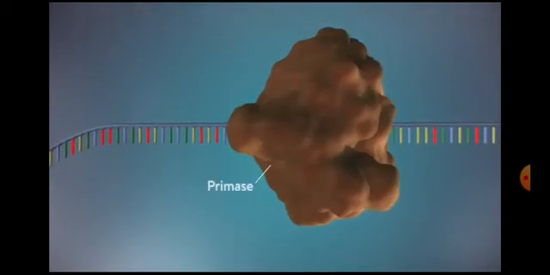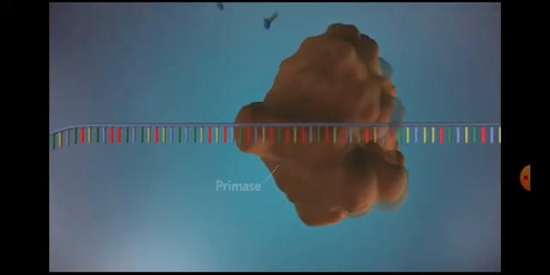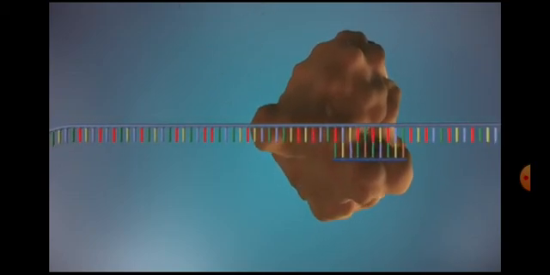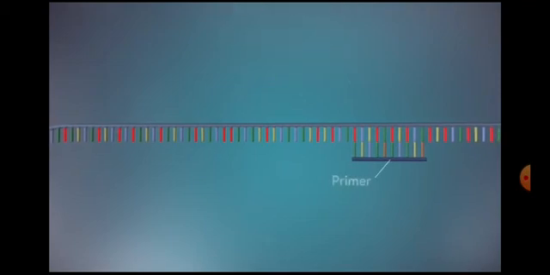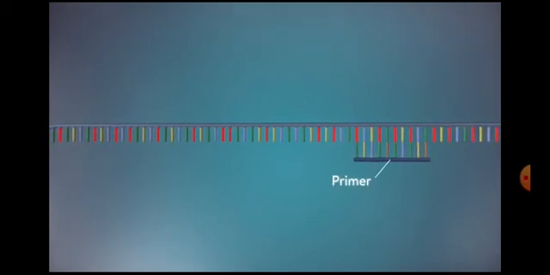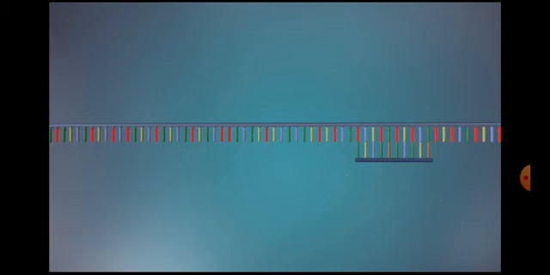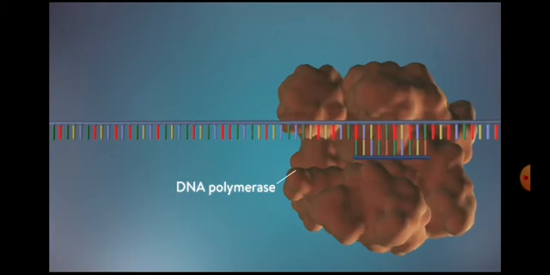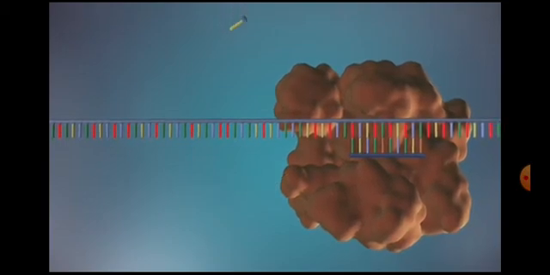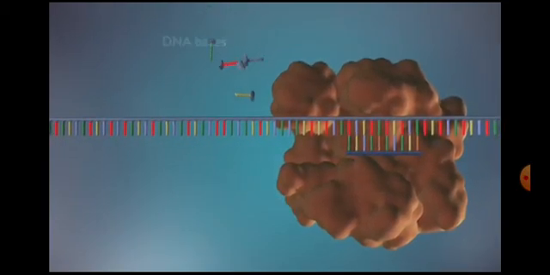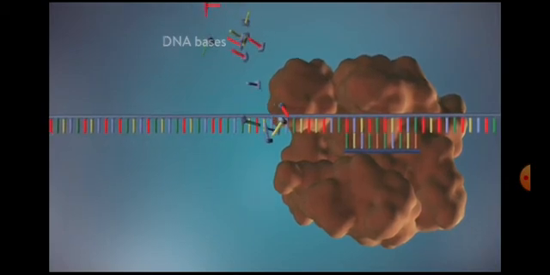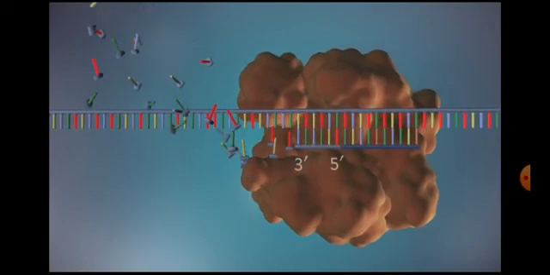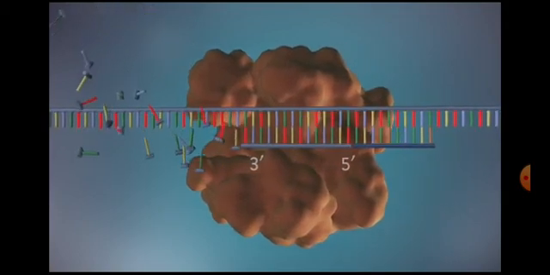These separated strands provide a template. Then an enzyme called primase starts the addition of RNA bases, which leads to the formation of a primer. That is the basis for the construction of the new strand of DNA. Then DNA polymerase binds, and nitrogenous bases are added from the primer end to the 3' end.